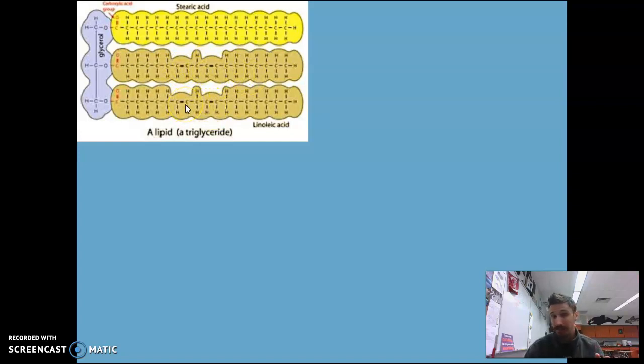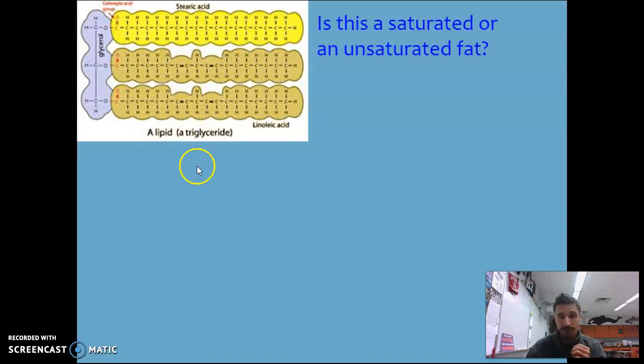But if I'm ever going to test you on saturated versus unsaturated, I'll make sure that I use an image that shows you the actual curvature of a fatty acid tail to tell you which type of lipid you're looking at.